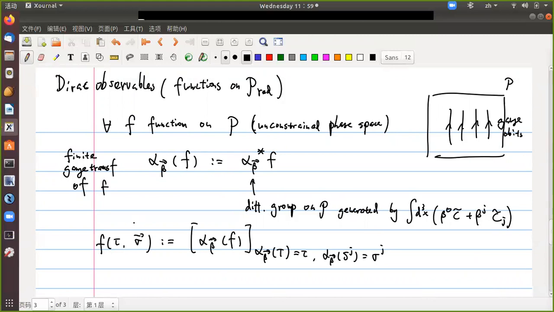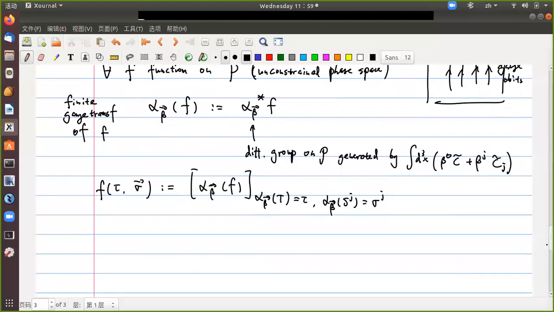That's why the Dirac observable in the end depends on tau and sigma. How tau and sigma enter the formula: it is the gauge transformation of the dust field T with the parameter beta equal to tau, and the gauge transformation of the dust field S^j with the parameter beta equal to sigma.